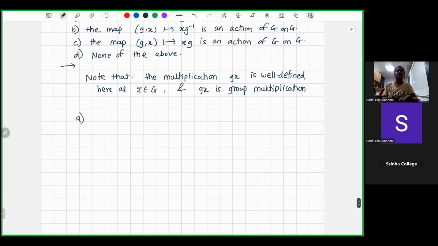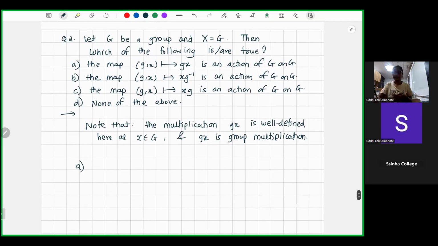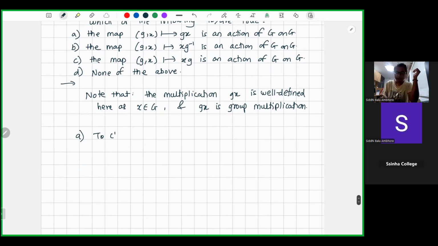So we have to check now whether the way this map phi is defined, it is actually a group action or not. So for part A, let me write this in this way: G cross G going to G such that G comma X going to Gx is a group action.